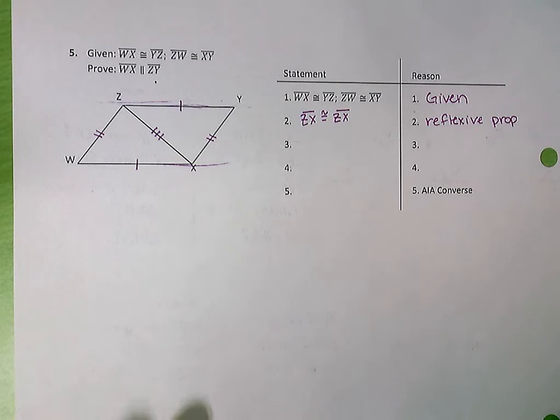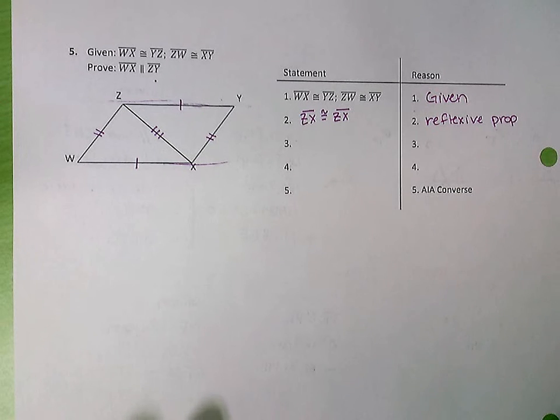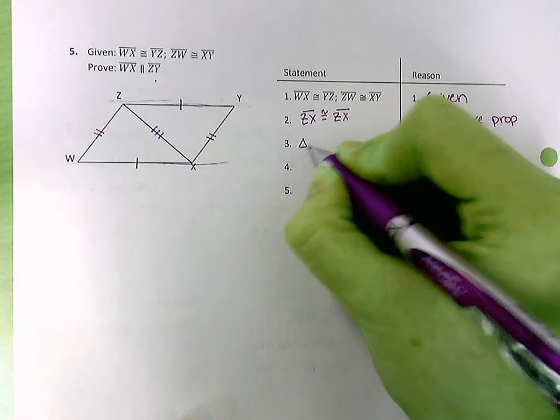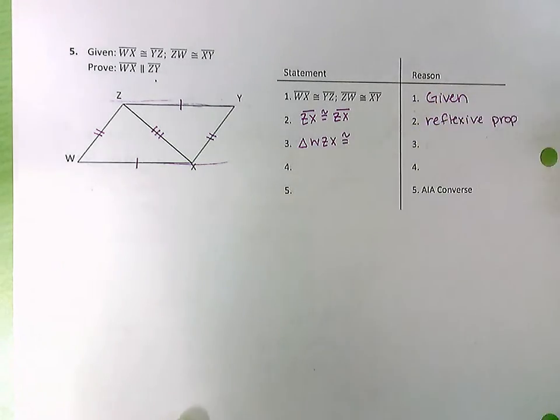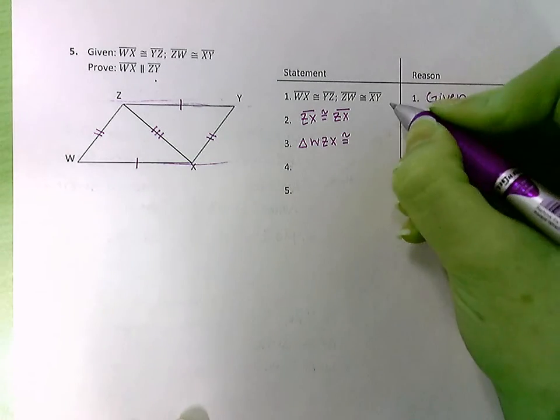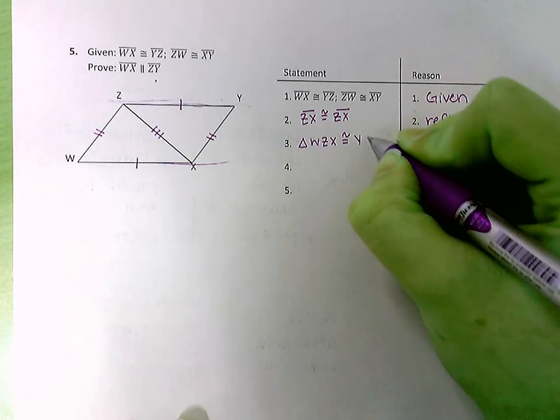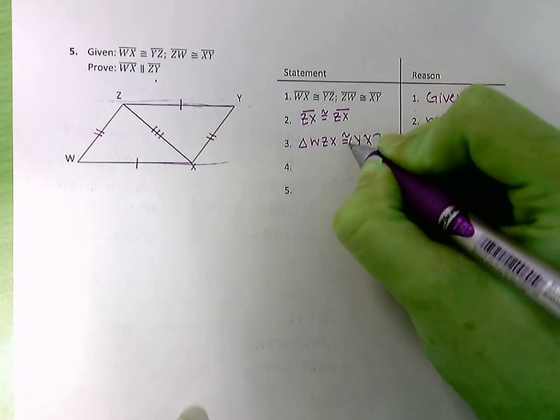Okay, what do you think's next? Sadie? Triangle WZX is congruent to triangle YXZ. I forgot my triangle symbol.